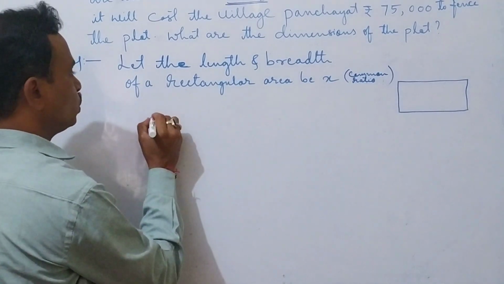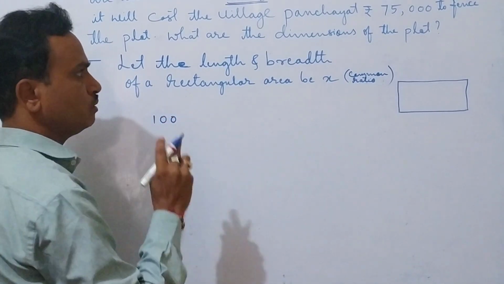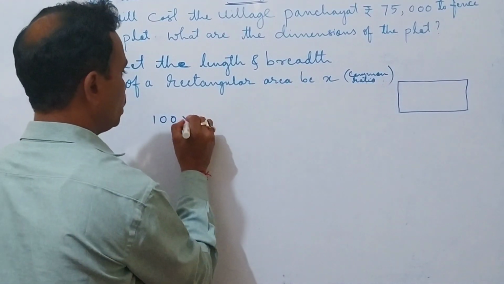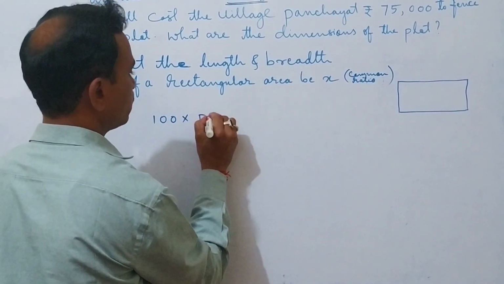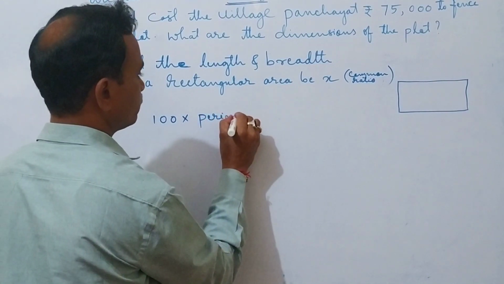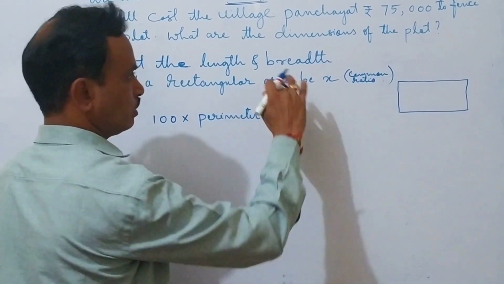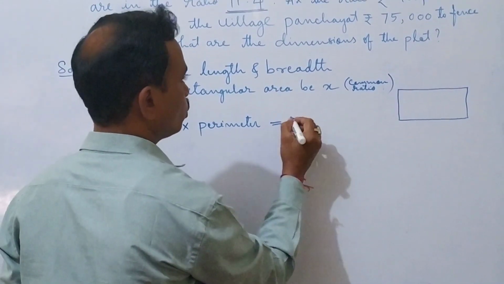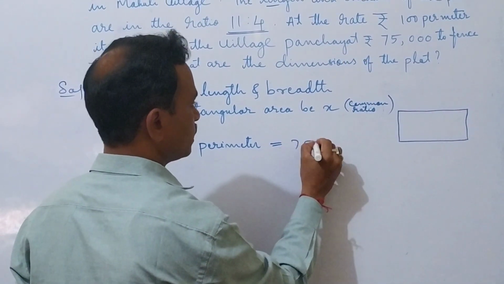So 100 rupees per meter into the perimeter of the rectangular plot is equal to the total amount 75,000.